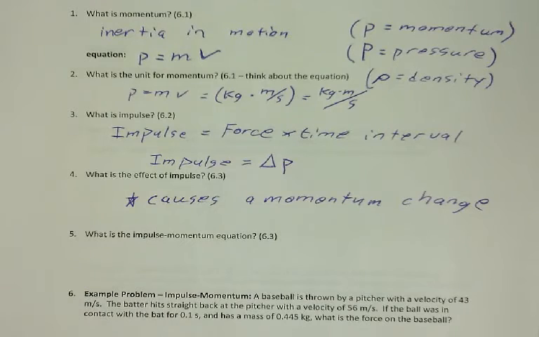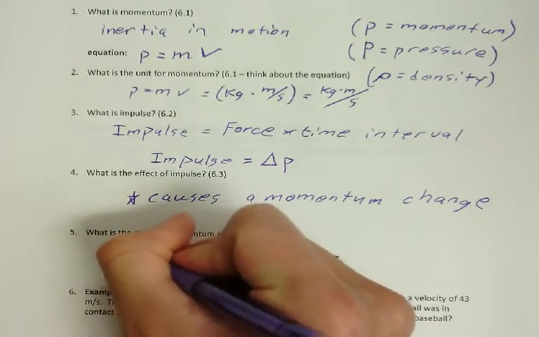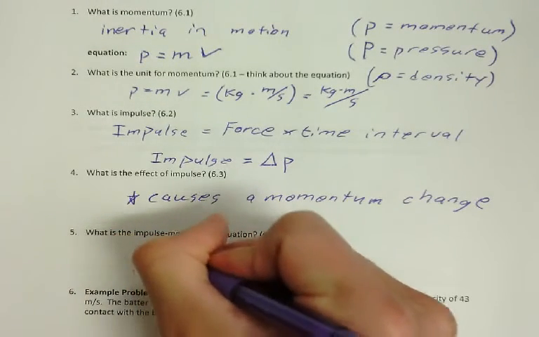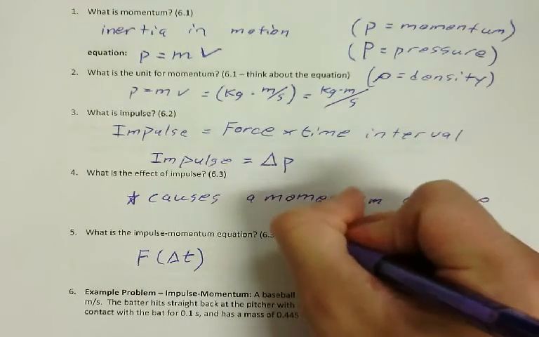And that brings us to number 5, which is what is the impulse momentum equation? Okay? The impulse momentum equation is this. F delta t. And by the way, delta t is the symbol I use for time interval.